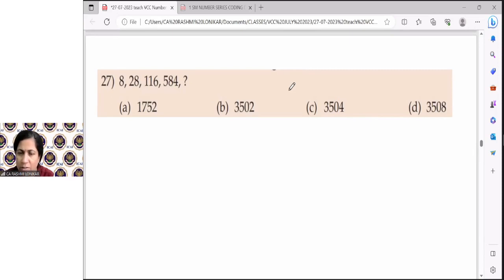Find this relation. 116 divided by 8 is how much? 14.5. So what does it mean? There is some addition. 8 threes are 24. 28 threes are how much? 28 into 3 is 84. So 28 into 4. 112 plus 4.